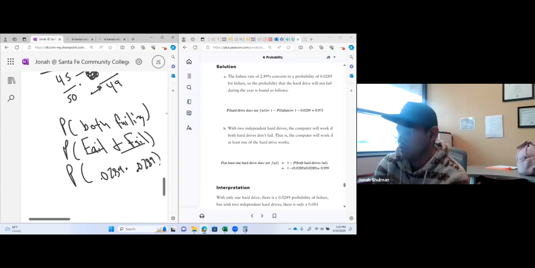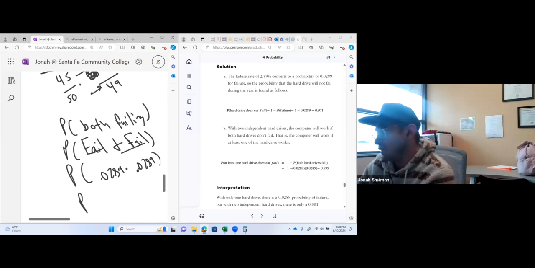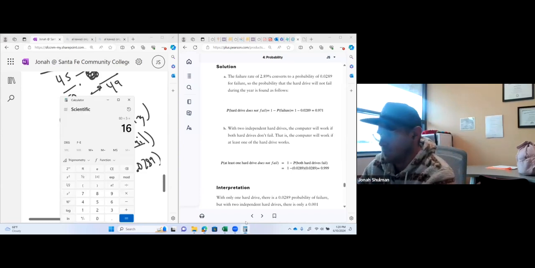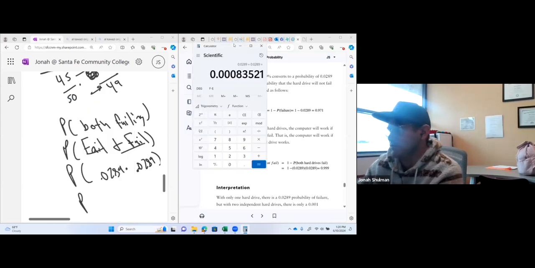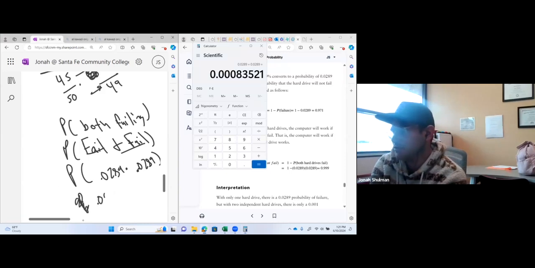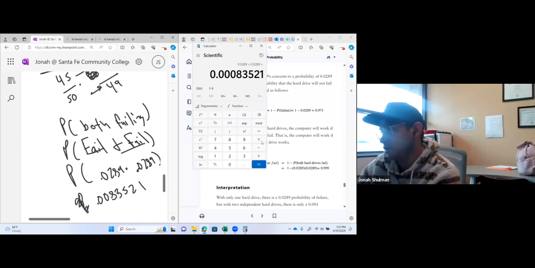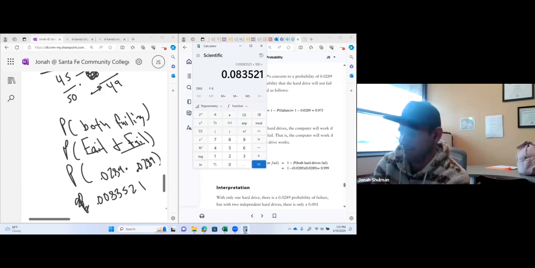We multiply these two things together, this is both failing. We get 0.008351. So the probability of this happening is 0.008352. I'm going to show you how I do this problem, not how the book does it. It's 0.08%.